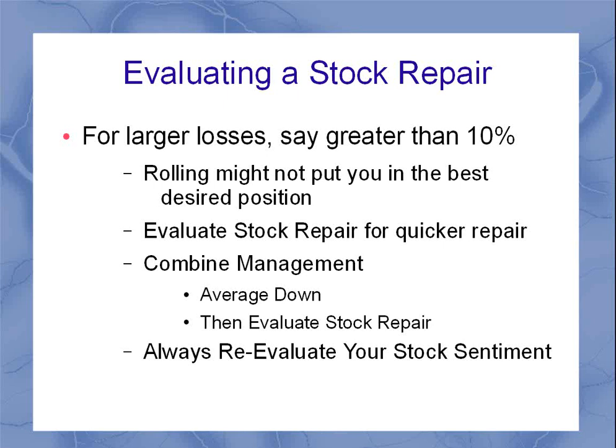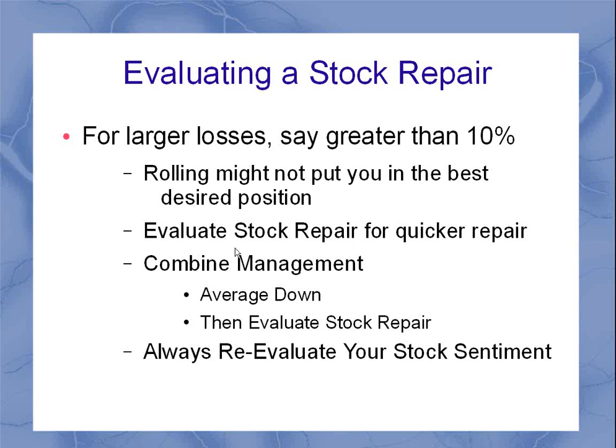Remember, the option that is 3, 4, or 5 months out in time is not going to be 3, 4, 5 times the cost. In order to get that 8% back, you're going to have to roll maybe 9 to 10 months out. Is that really worth it? Probably not, but you want to use those Power Options tools to evaluate that as well. So rolling might not be the best option with losses around 10%.